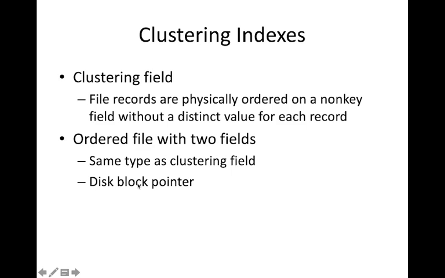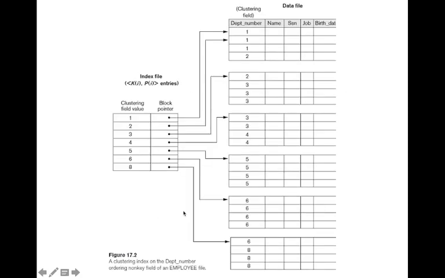In the previous case we had a key and a disk block pointer. Here it is not a key, it can be any clustering field. It is non-dense, or sparse, because we do not store an entry for every record.